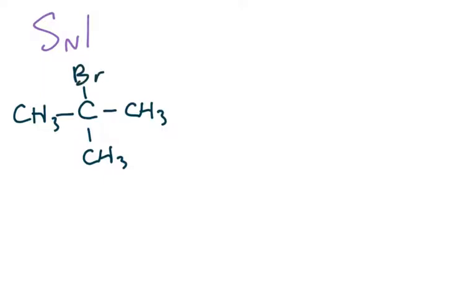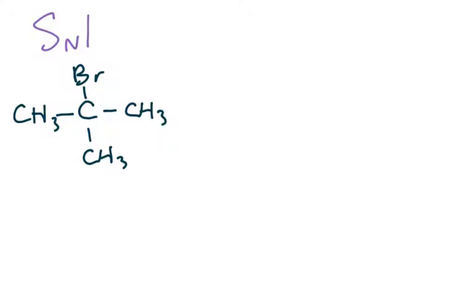So for SN1, we are going to start out with this. And it's going to have bromine. We're going to do the same thing with bromine and iodine. And iodine is not going to enter the picture yet.